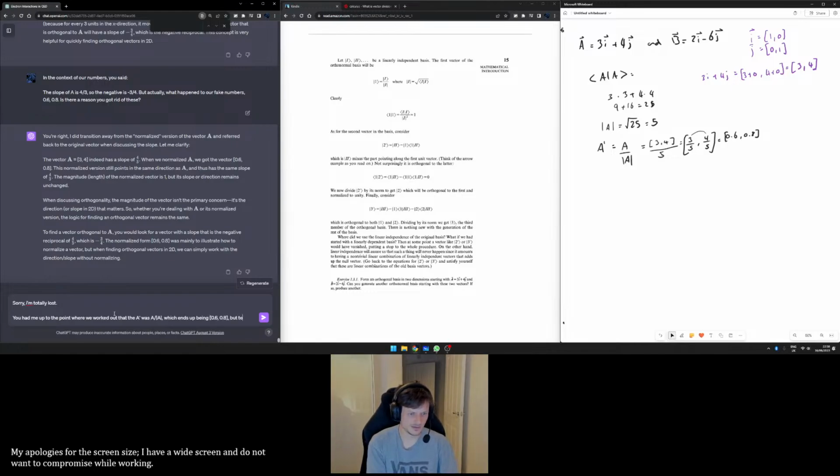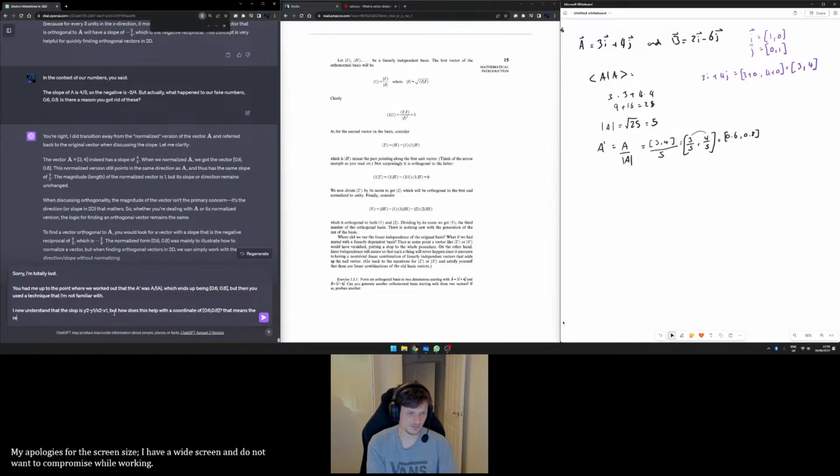But then you used a technique that I'm not familiar with. I now understand that the slope is y2 minus y1 over x2 minus x1, but how does this help with a coordinate of 0.6, 0.8?